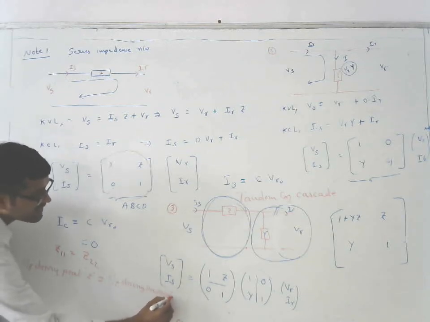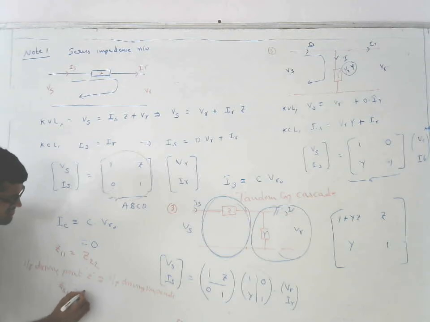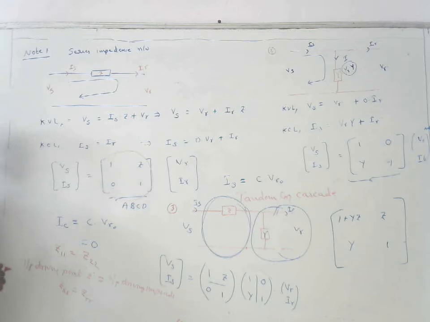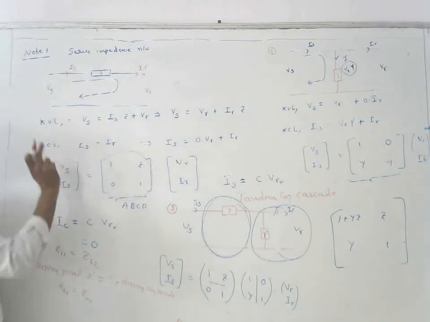Means ZSS is equal to ZRR, the receiving end side. ZSS means the input side, Vs by Is.